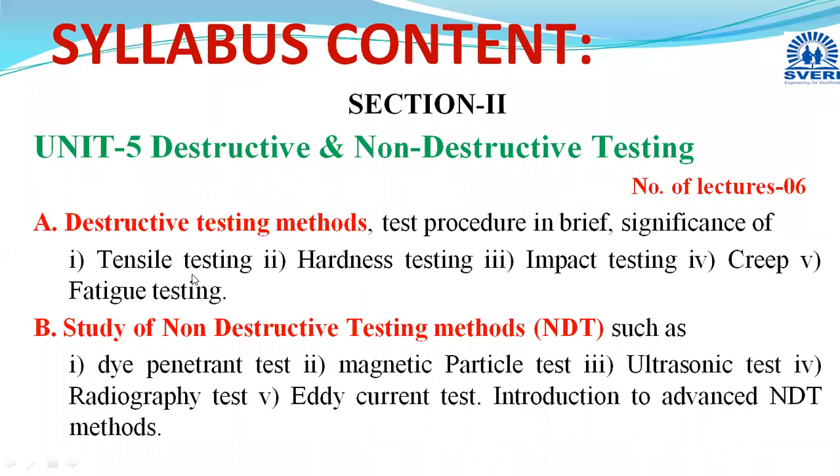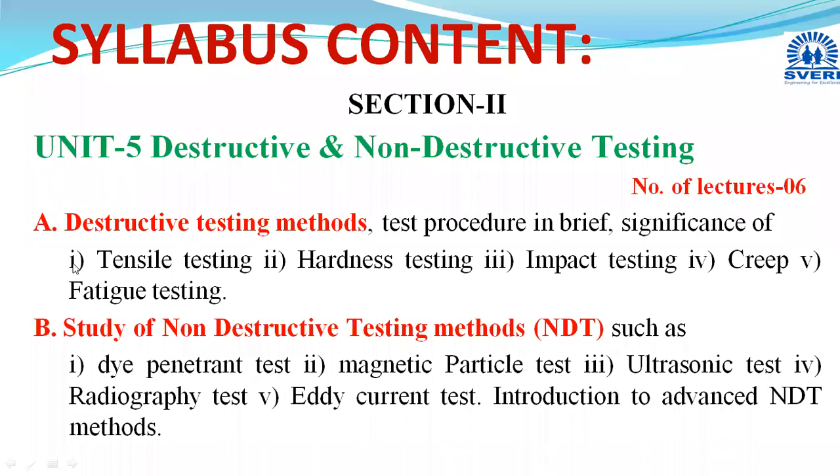You cannot use it further. But in the case of non-destructive testing, whichever workpiece we have used, we can use it in actual service life also, because it is not damaged in this non-destructive testing method.